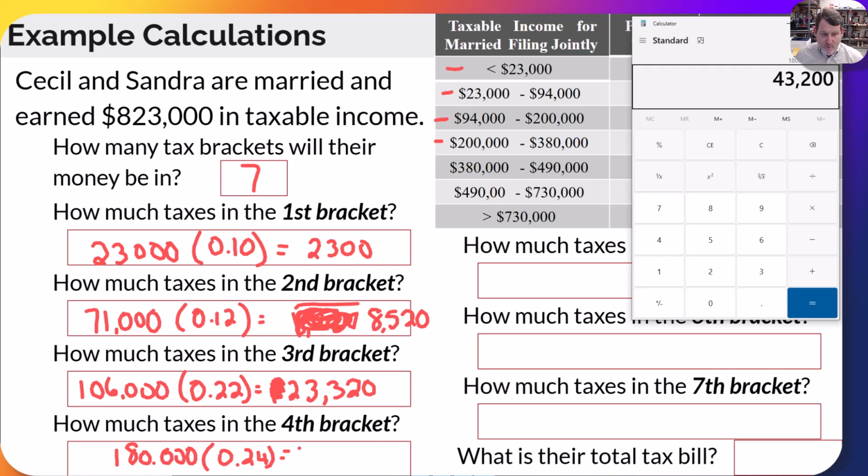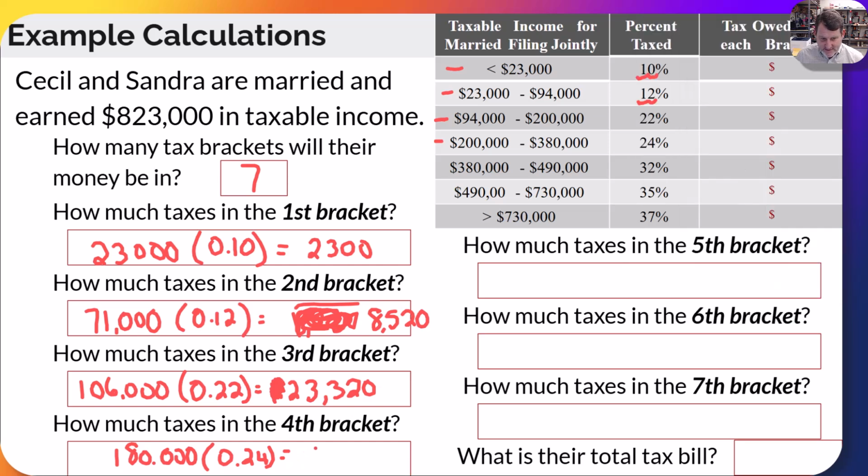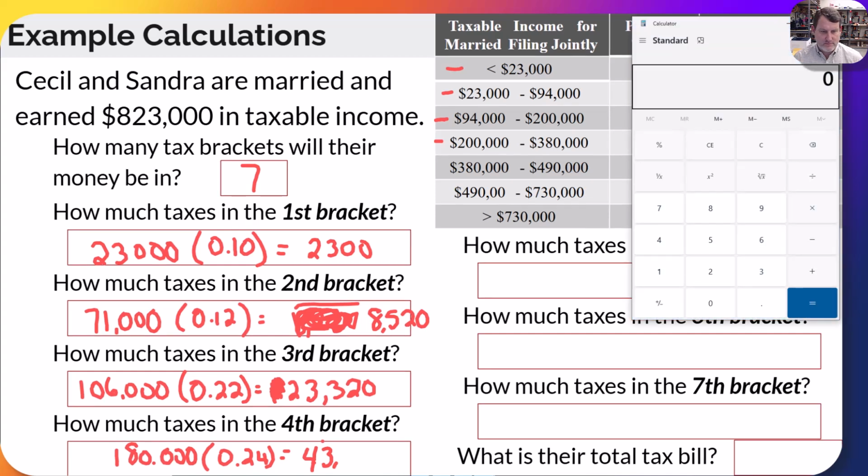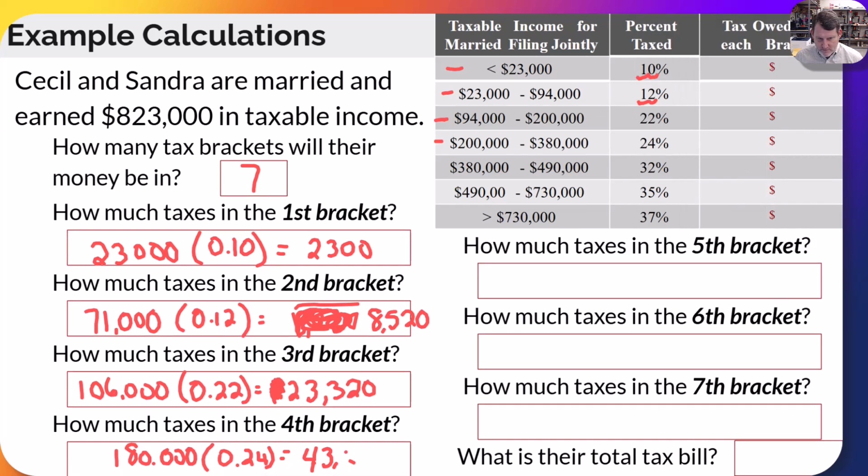They're going to pay $43,200 in taxes for that bracket. So far their tax bill is pretty huge, which, you know, they make a lot of money.